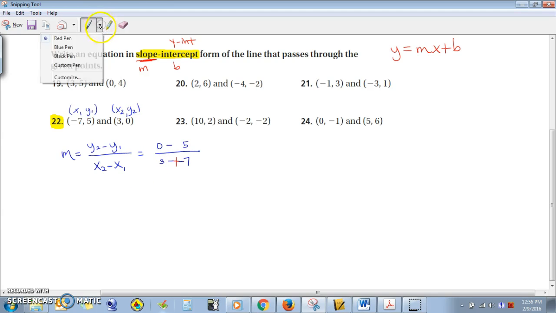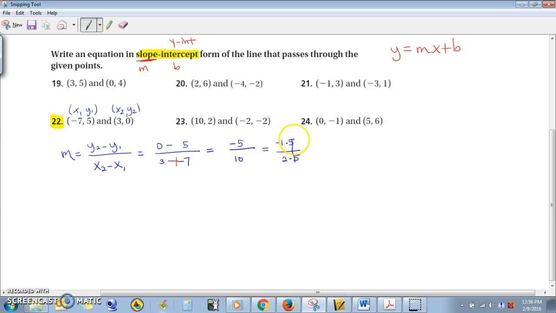So what we have for our slope is 0 minus 5 is negative 5, and 3 plus 7 is 10. And this reduces because we got negative 5 over 10. 5 goes into both of them. So if I think about this as negative 1 times 5 to get negative 5, and 2 times 5 to get 10, 5 divided by 5 is 1.